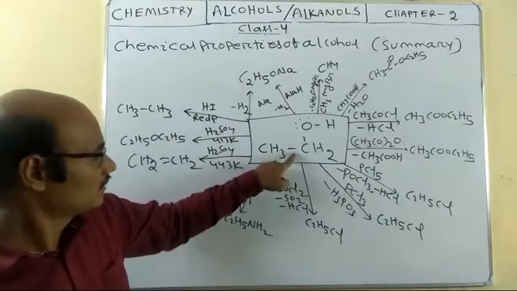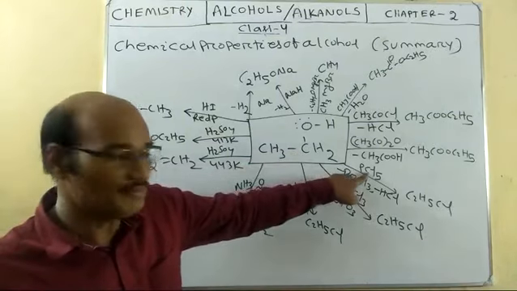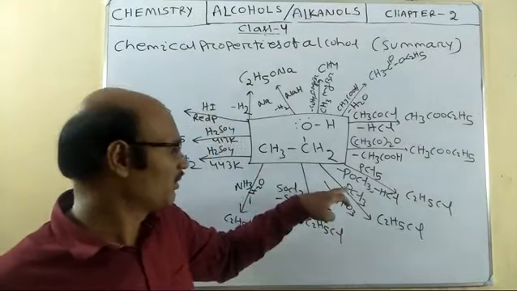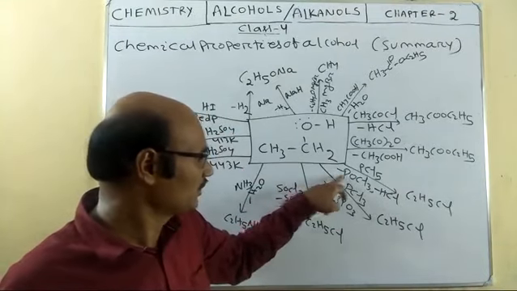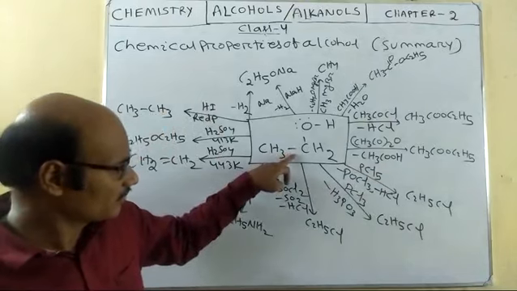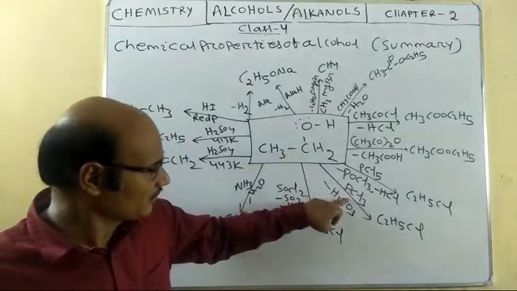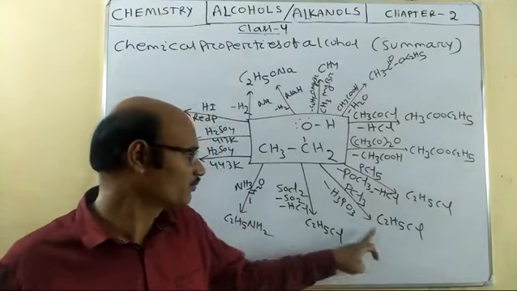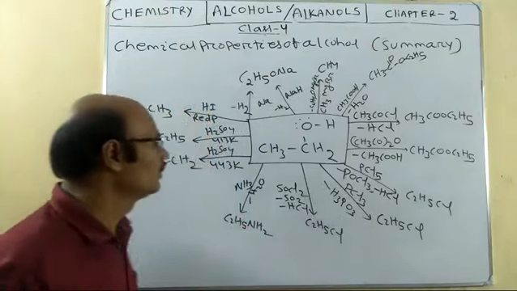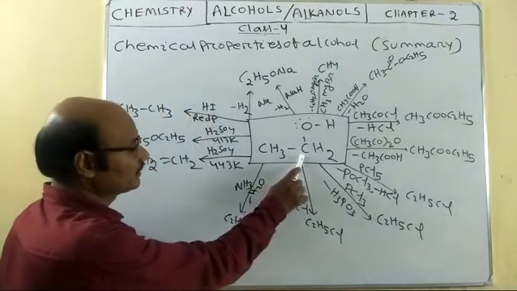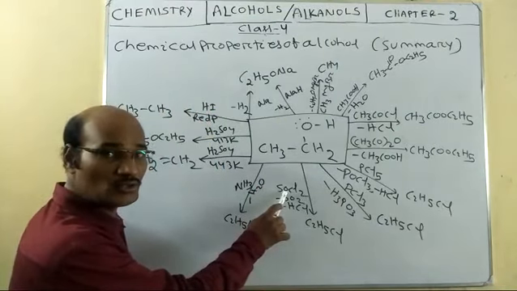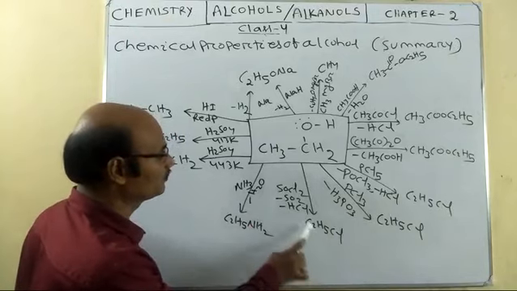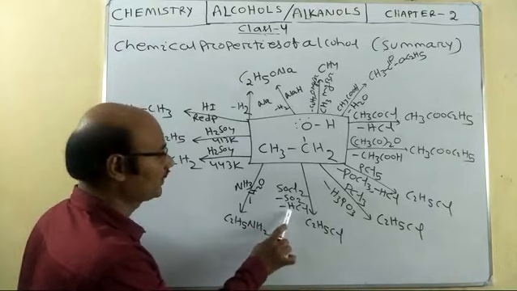Ethyl alcohol reacted with PCl5 gives ethyl chloride with evolution of POCl3 and HCl. With PCl3, it gives ethyl chloride with H3PO3. With SOCl2, thionyl chloride, it gives ethyl chloride with SO2 and HCl.